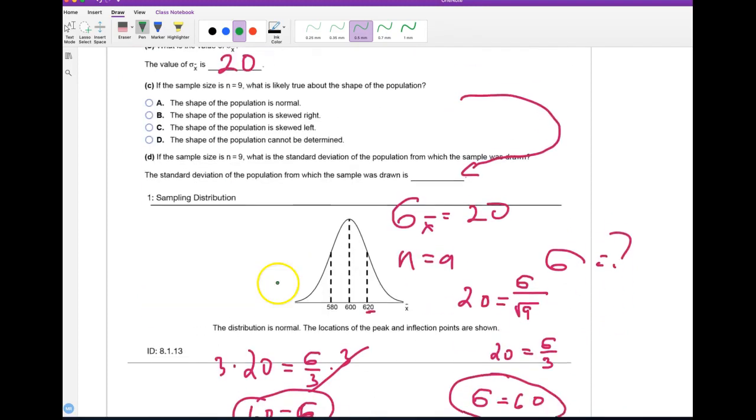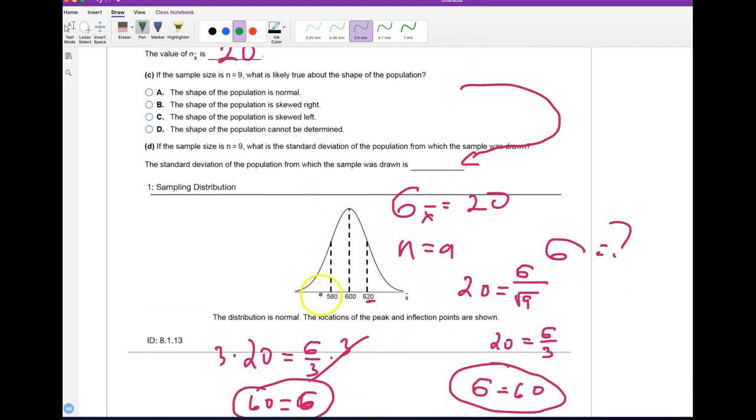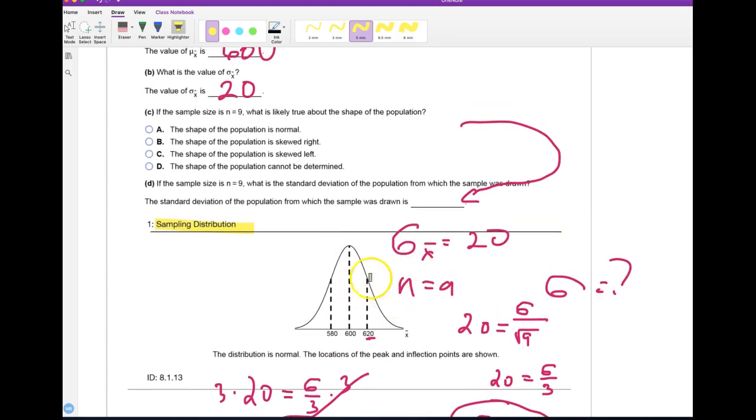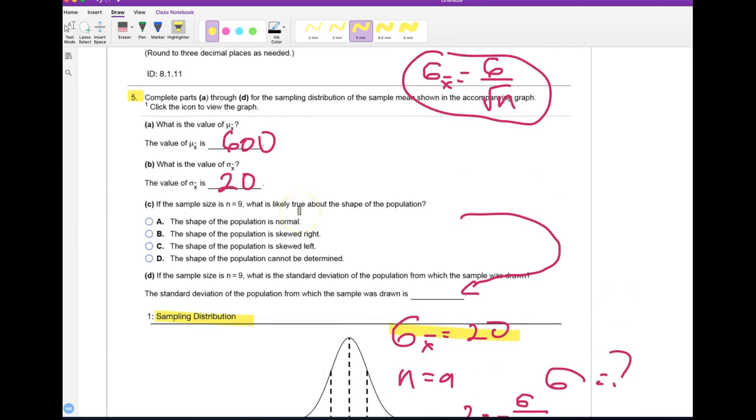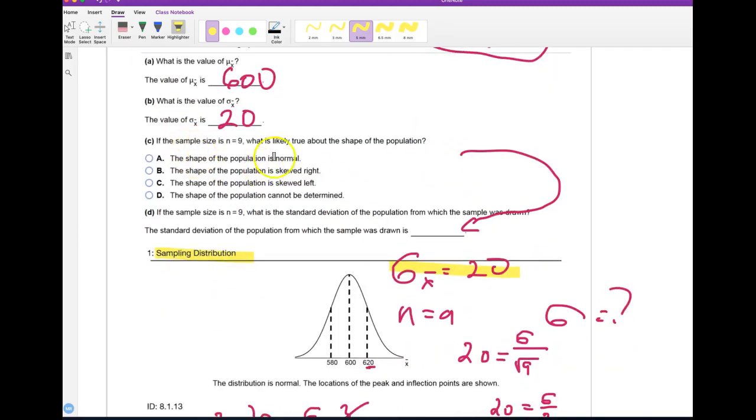Looking at this, you're given a graph. This graph is the sampling distribution. And so you have these values here, 600, 620, 580. Since this is a sampling distribution, the standard error is 20, which we have here. The sample size we're getting from part C here.